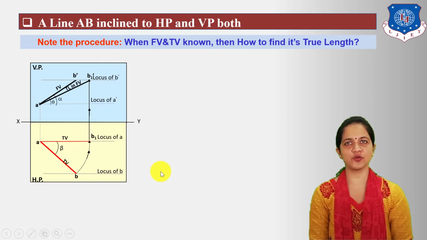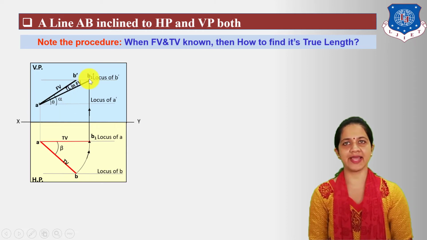Now for finding true length in top view, measure the true length A dash B1 dash from front view. Take center A and cut an arc on the locus of B in top view and mark here B2 point. Connect AB2, which indicates true length in top view at an angle phi.